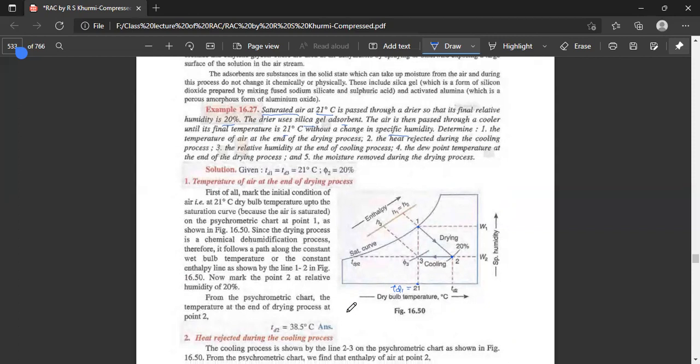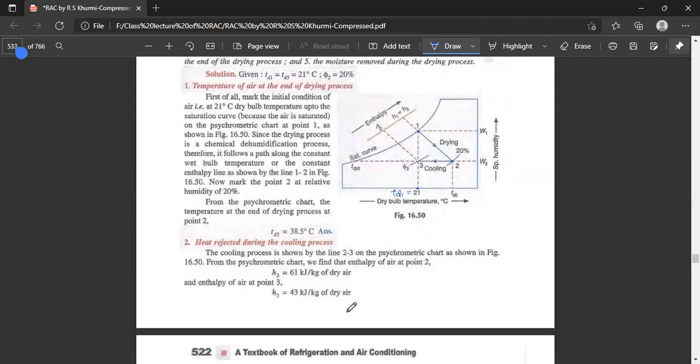From the psychrometric chart, the temperature at the end of the drying process at point 2, TD2, is 38.5 degrees centigrade. The cooling process is shown by the line 2-3 on the psychrometric chart.